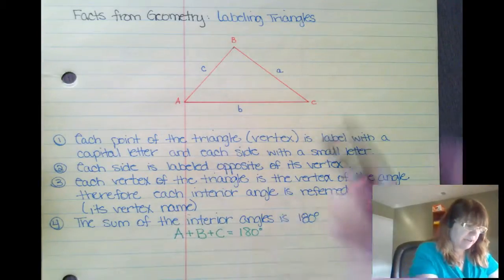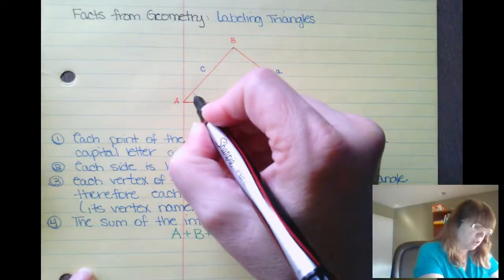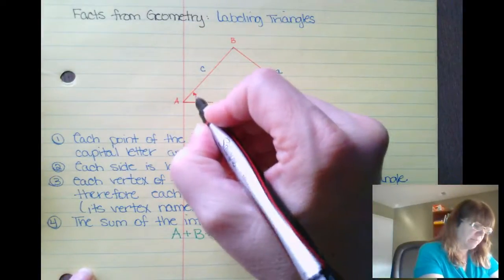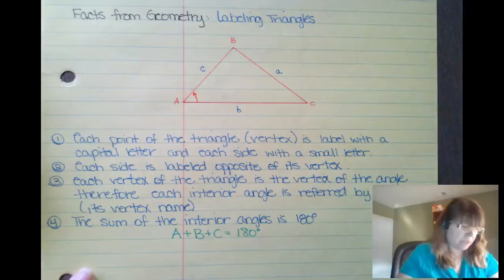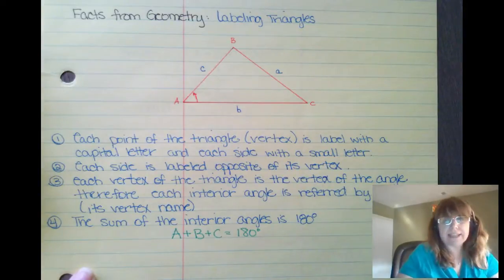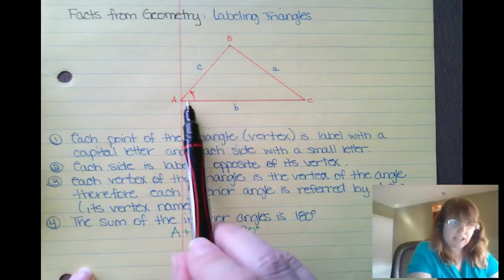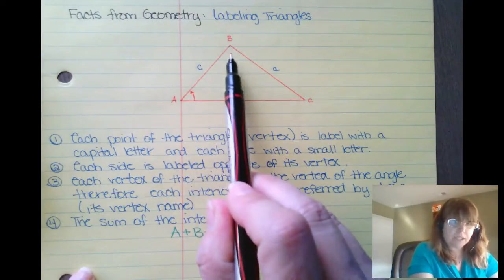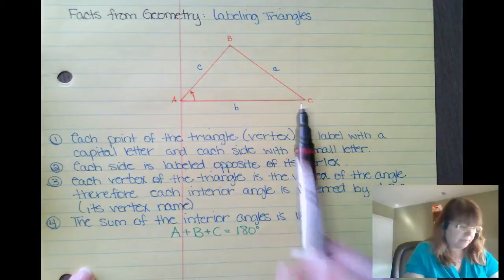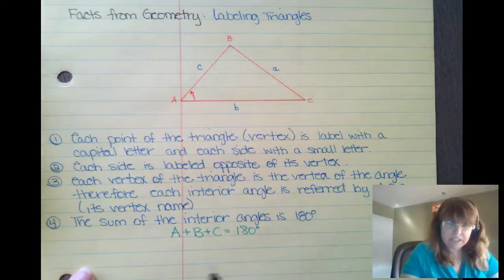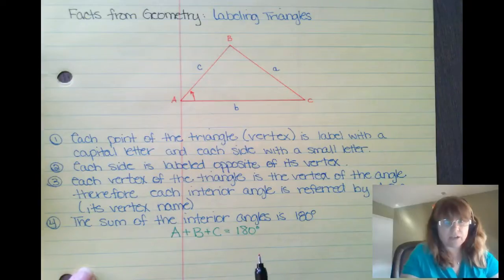Therefore, the interior angle, and I'll just draw a little arrow to signify the angle there, is referred to by the same name as the vertex, A, B, or C. So this is angle A, angle B, and angle C. The sum of the interior angles is 180 degrees. So capital A plus capital B plus capital C is 180.